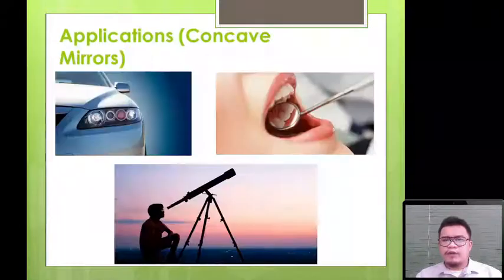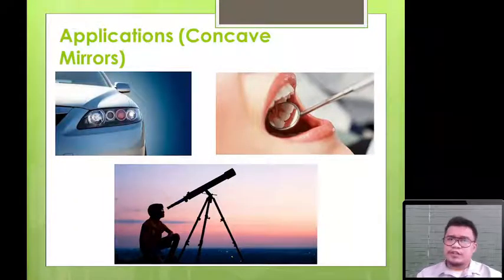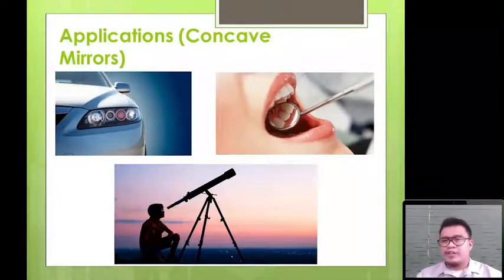Now, how about concave mirrors? The headlights of your cars are actually composed of concave mirrors. And the use of that is to amplify the light rays from the bulbs of your car. As you can see there, that's actually a dentist mirror.